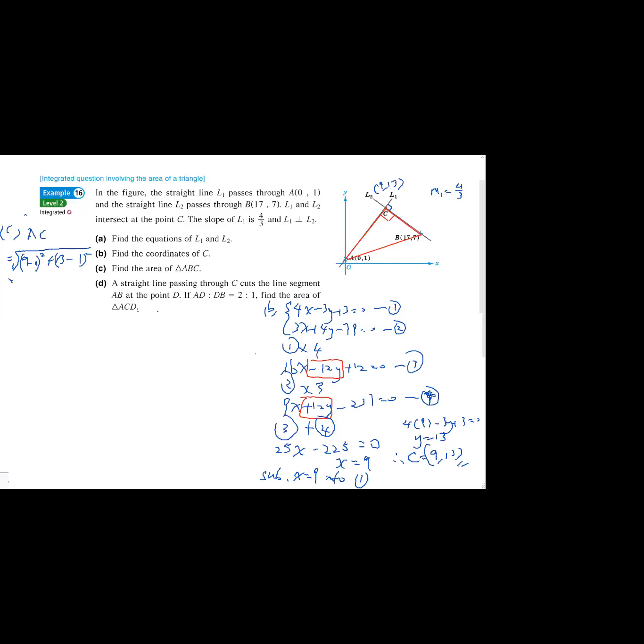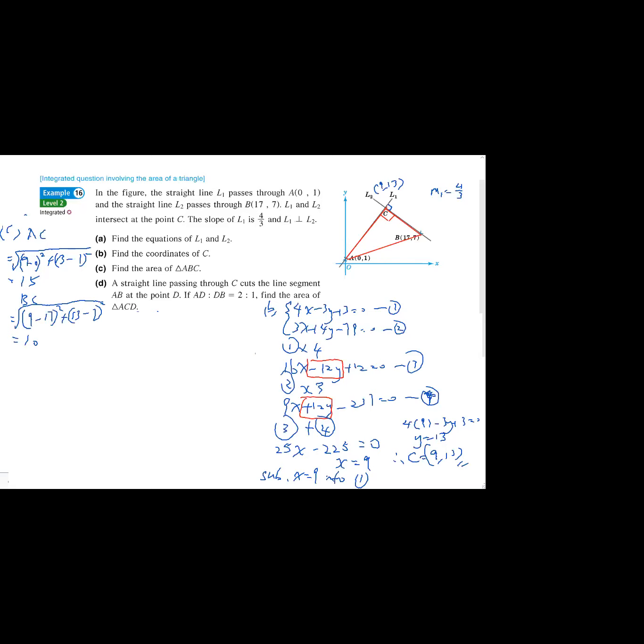Okay, so after some calculation, I'll find that it should be equal to 15. Okay, and then BC. The length of BC, again using the distance formula. So 9 minus 17, bracket square, plus 13 minus 7, bracket square, and then square root. After some simple calculation, I'll find that it should be equal to 10.